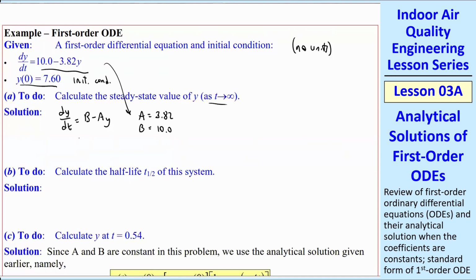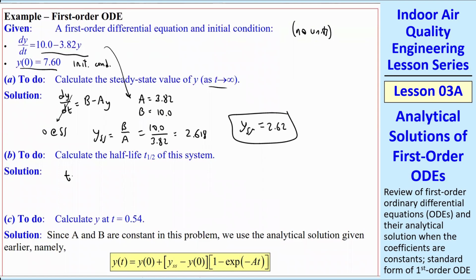And so when this is steady, as I said before, dy/dt goes to 0 at steady state. And so y steady state is b over a, or 10.0 over 3.82, or 2.618. So I would give this, since everything else is in 3 digits, I would write this as y steady state is 2.62.